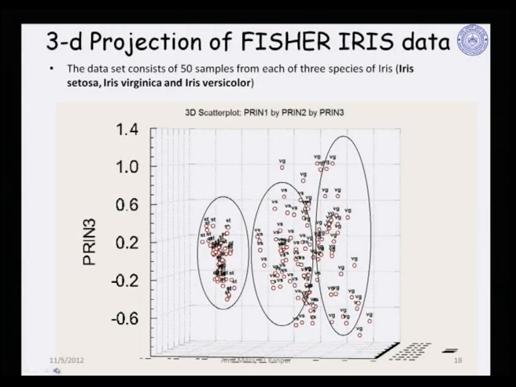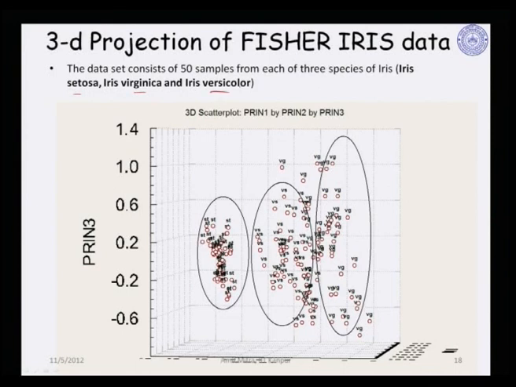Now, this is another projection that I have included here. This is for a standard data set, which is the Fisher iris data, which is a classical data set as far as classification models are concerned, and also for an exploratory type of model. It consists of 50 samples from each of the three species of iris flower, and the three species are these three here.